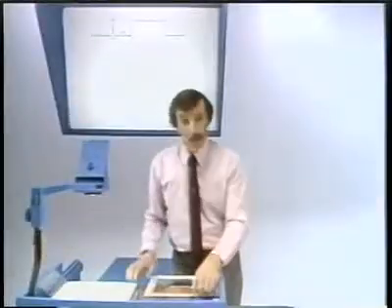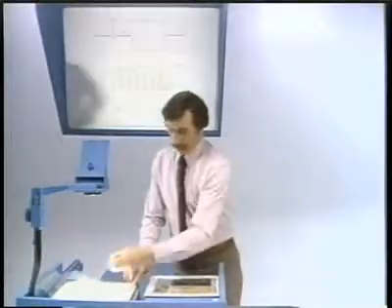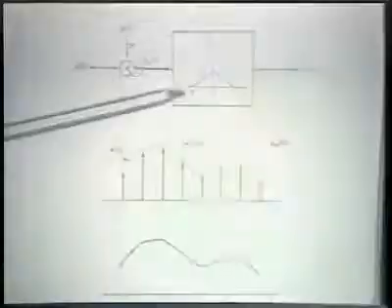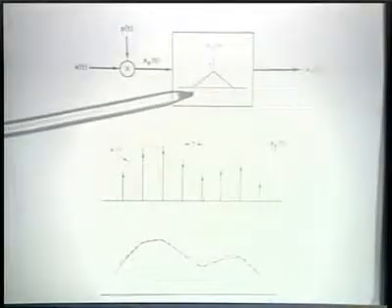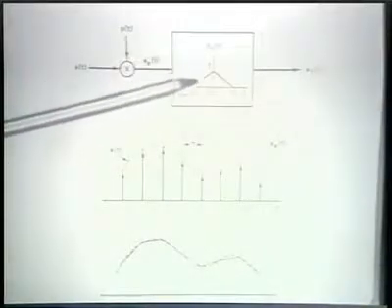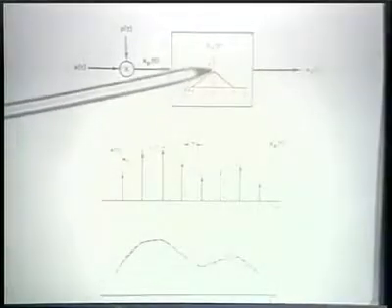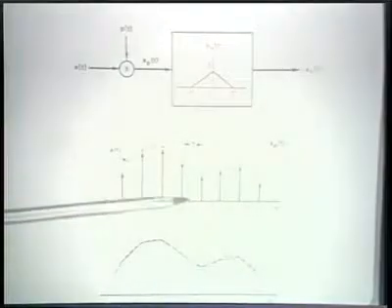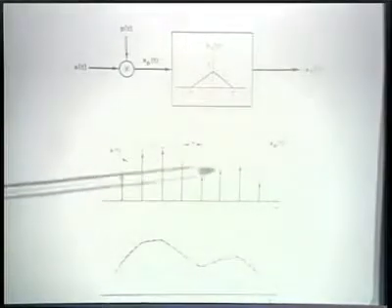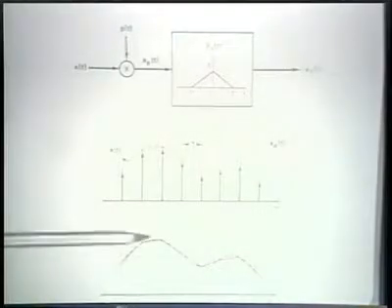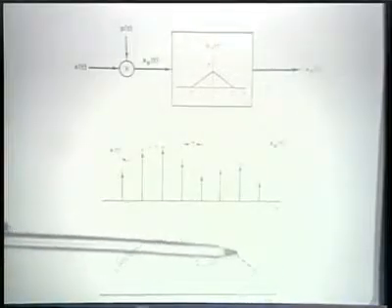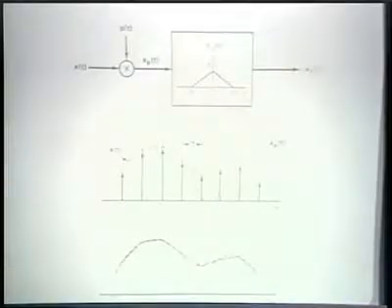Alternatively, if we chose a triangular impulse response, then each of these impulses activates this triangle, and when we add up those triangles at successive locations, what we generate is this linear interpolation.